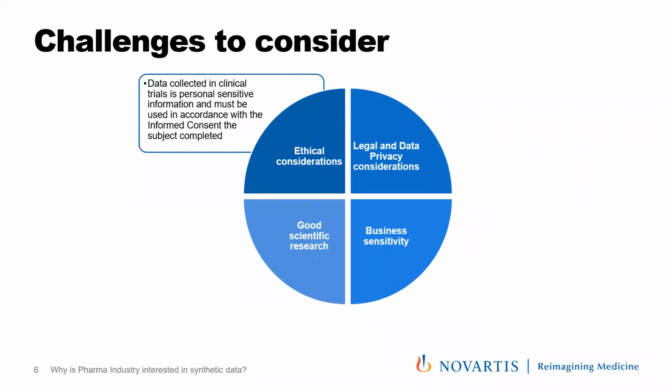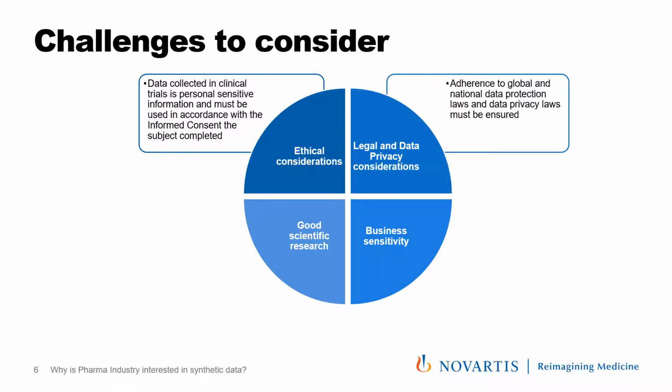On the ethical side, the data in clinical trials is, firstly, personal sensitive information, and it's collected with an informed consent that the subject has completed, so it should be used in line with the informed consent. On legal and data privacy considerations, we need to adhere to global and national data protection laws, and data privacy laws must be followed.